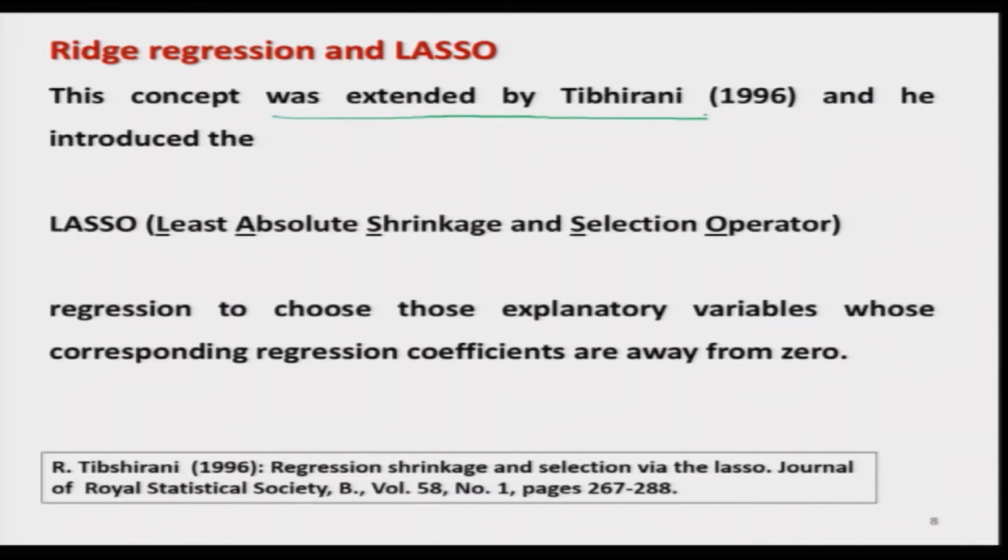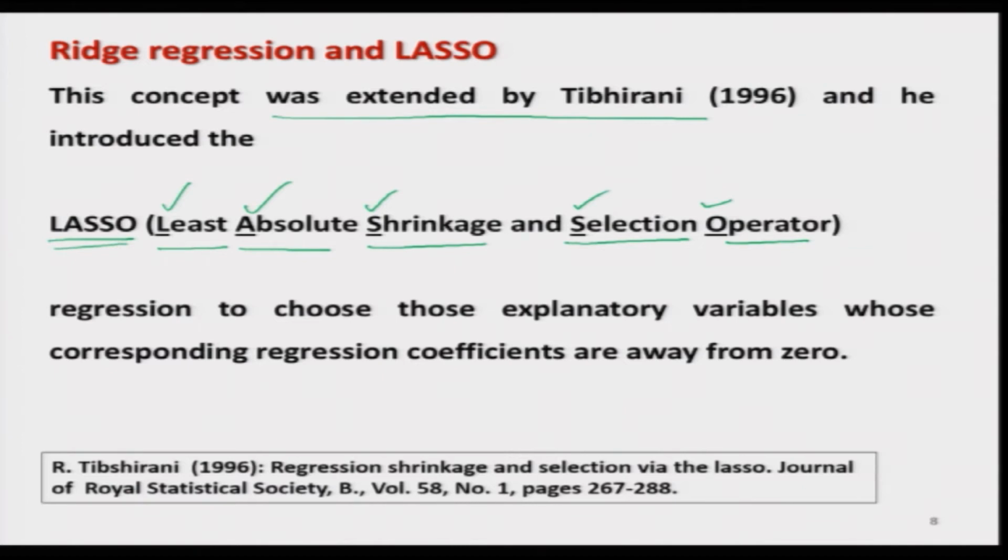Professor R.J. Tibshirani is at Stanford University. He has devised a different type of regression which is called least absolute shrinkage and selection operator regression. If you take the first letter of every word, this is briefly called LASSO.